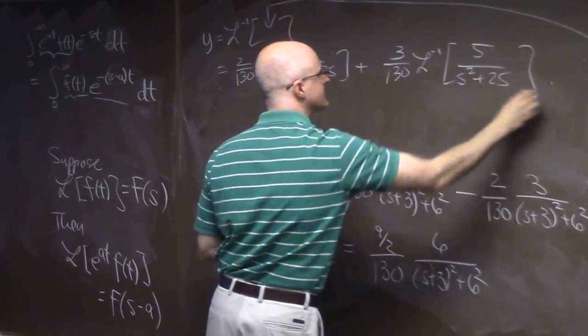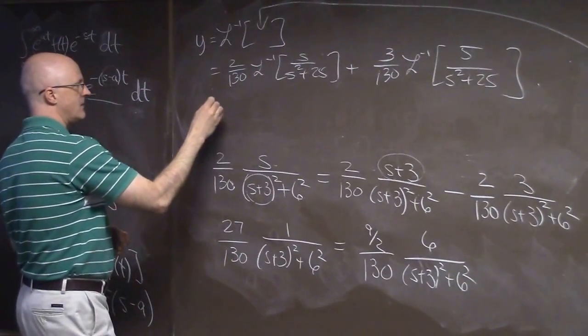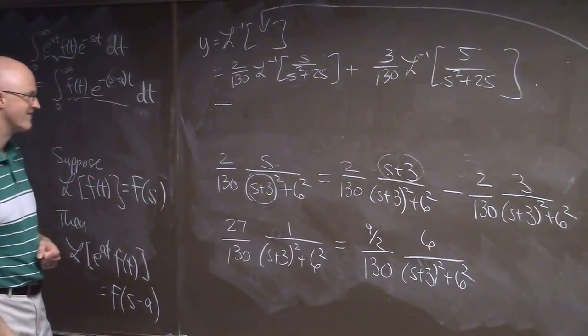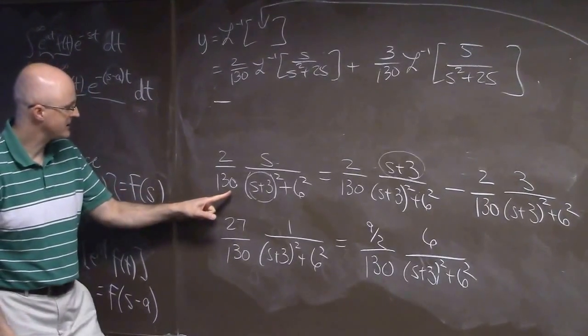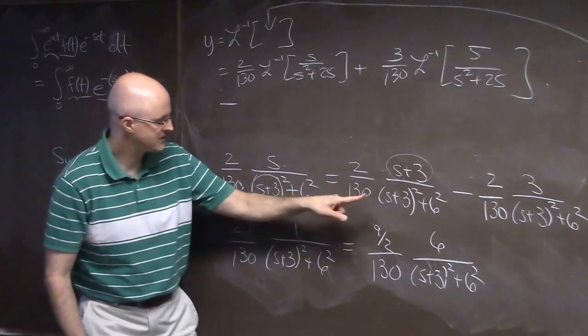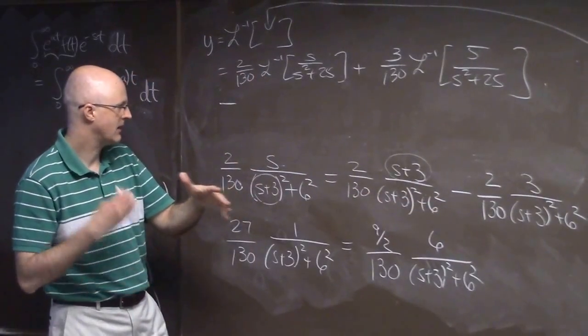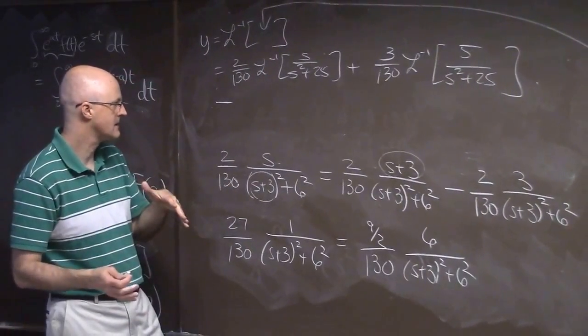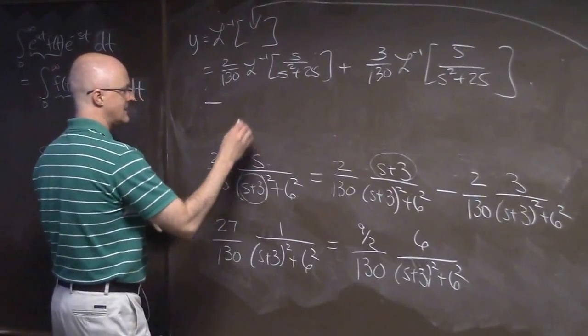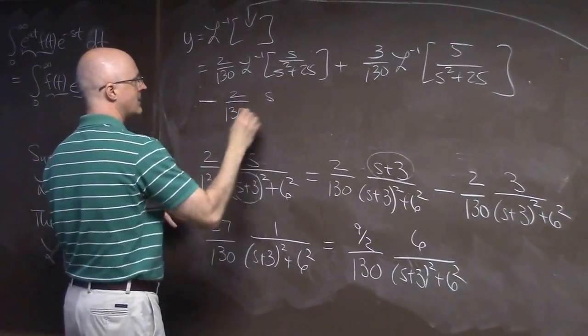Those are the easy parts. Okay, careful. Minus the inverse Laplace transform of this, which is the inverse Laplace transform of this minus the inverse Laplace transform of that. Should I go ahead and distribute the minus sign through? Careful. Oops.